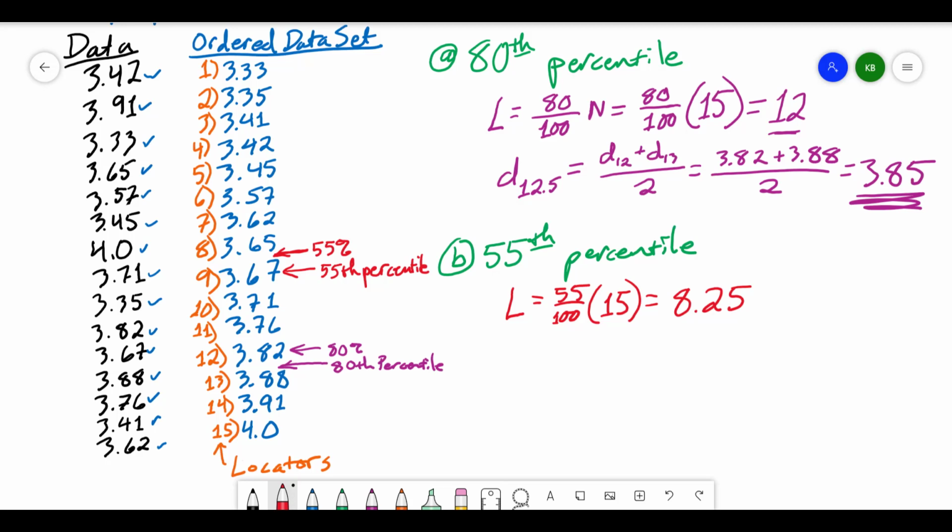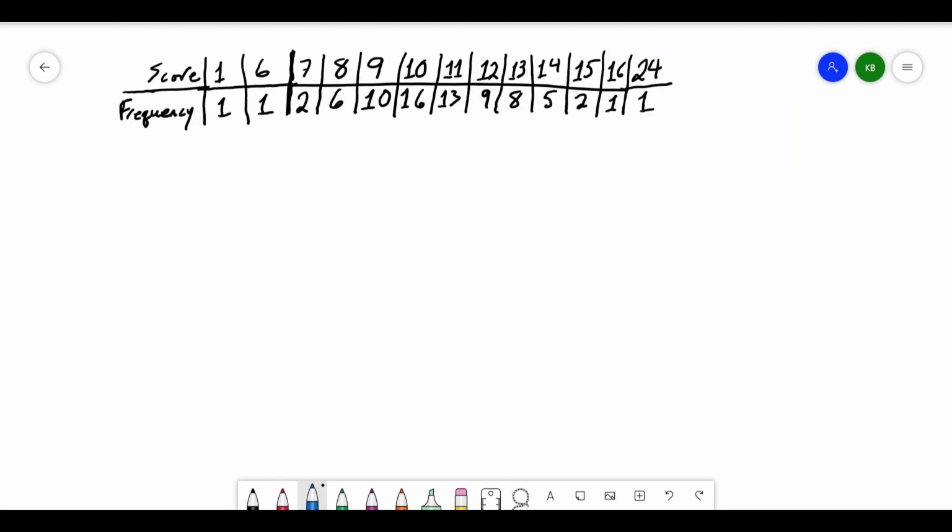So what we're looking for here is going to be our data point, and we'll round 8.25 up to 9. So in this case, 3.67 will be our 55th percentile.